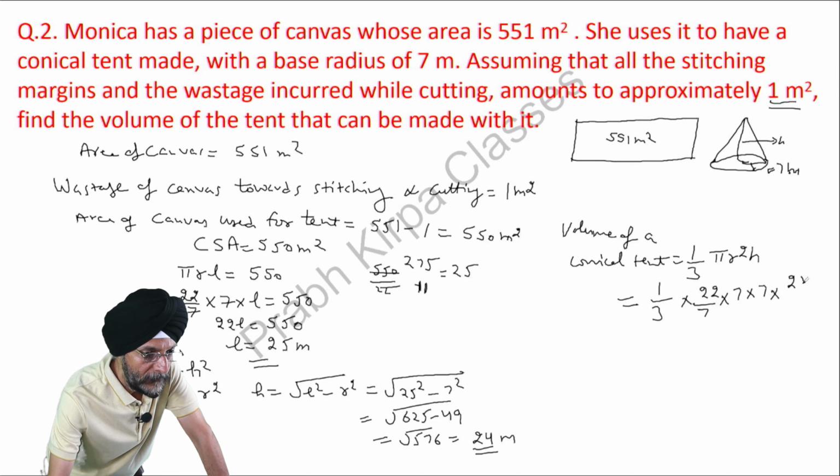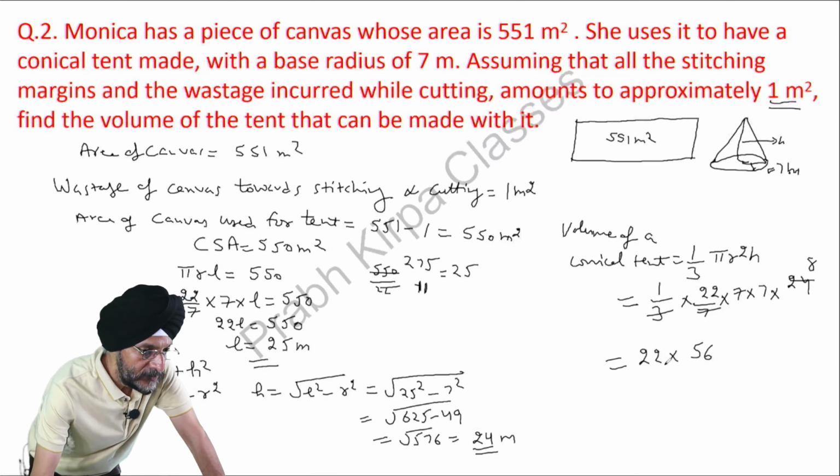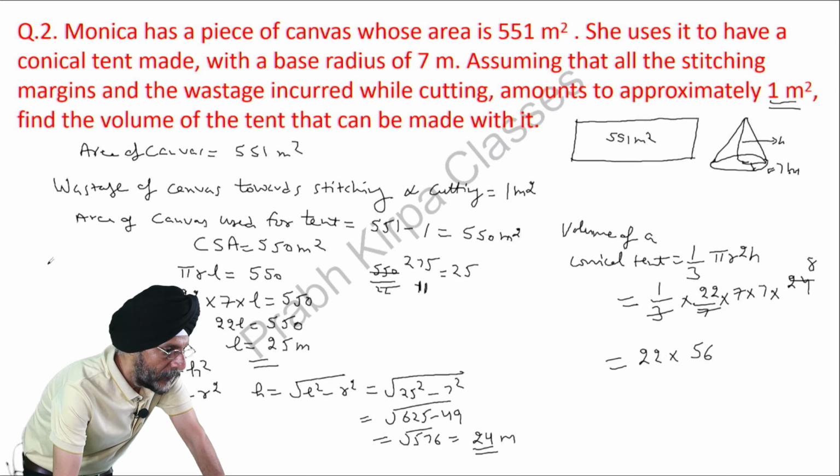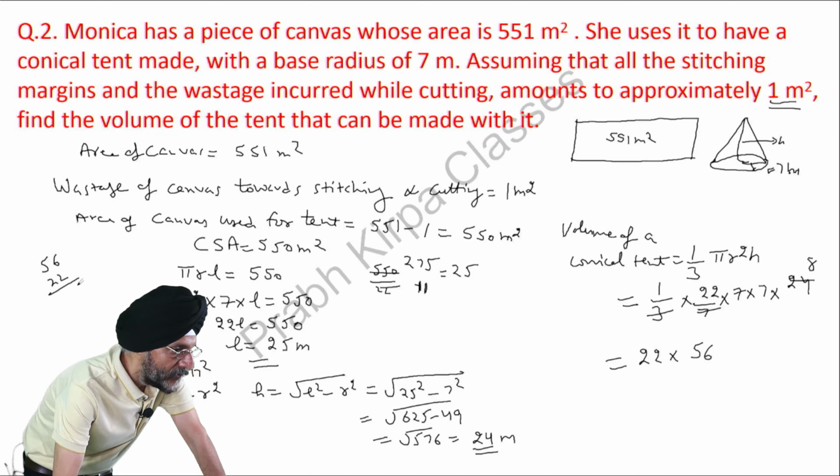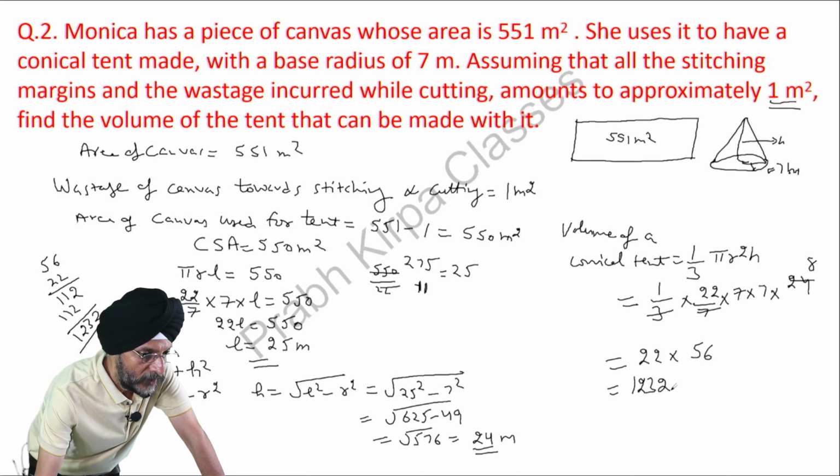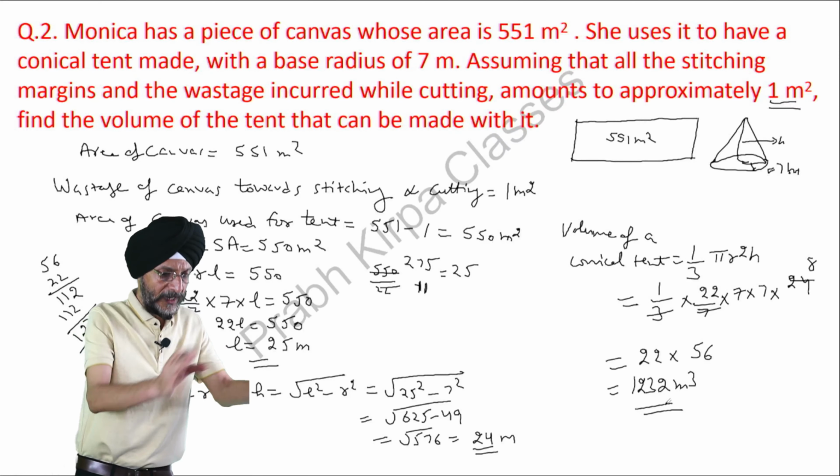It is 24. 7 cut 7, 8. What we have? 7 into 8. We will multiply. It is 1232 cubic meter.